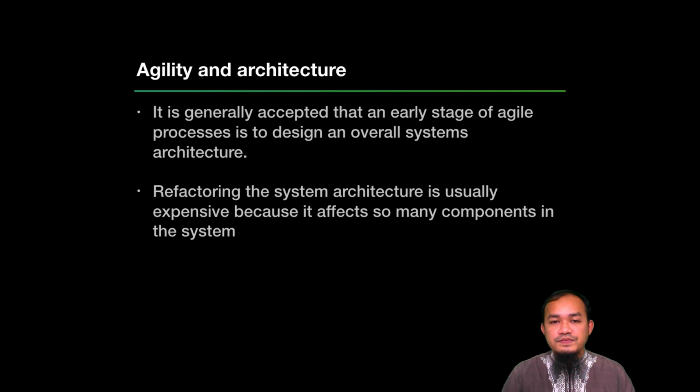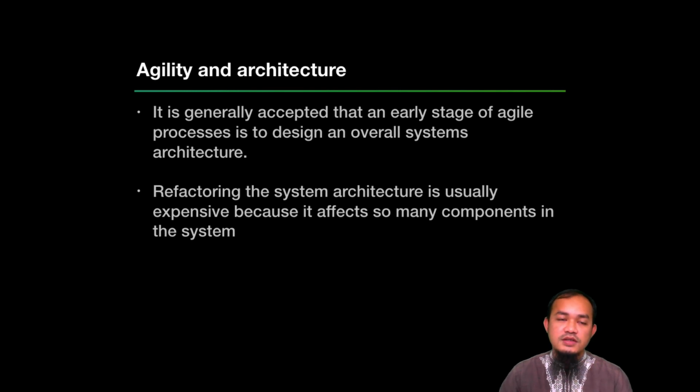Nowadays most people are using agile software development. In agile software development, they will consider architecture at the beginning of the design. They will not consider it as a design phase, but at the beginning of the phase, together with the requirements. That's why refactoring is the normal term in agility.